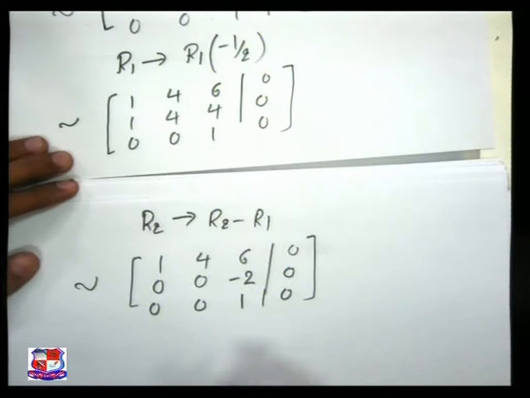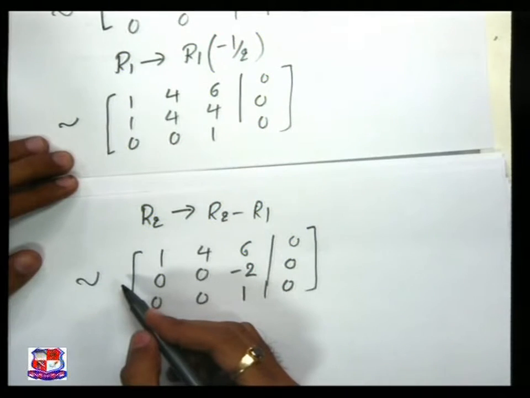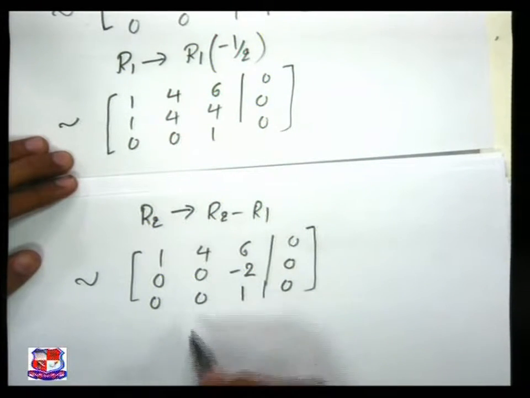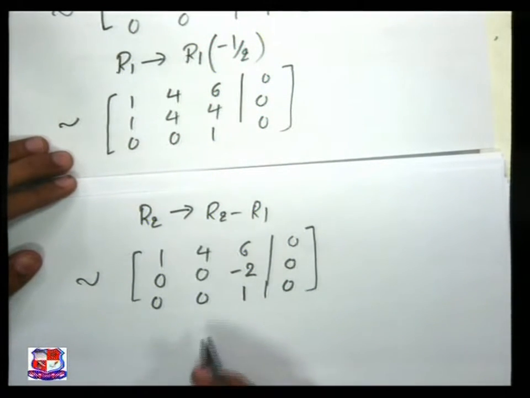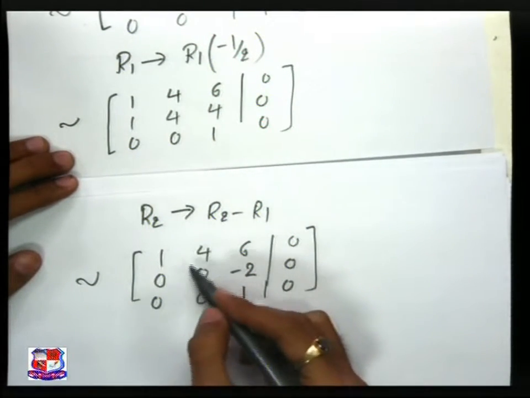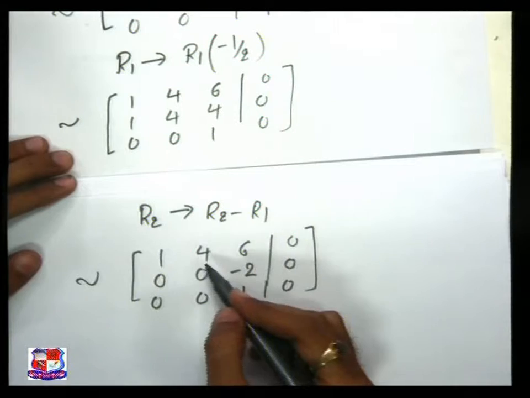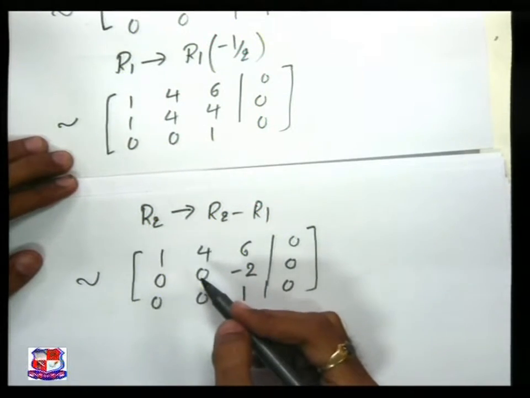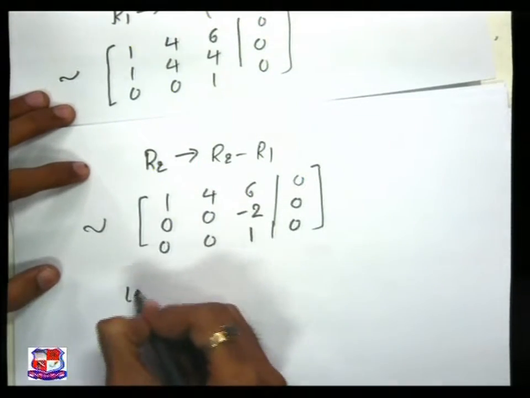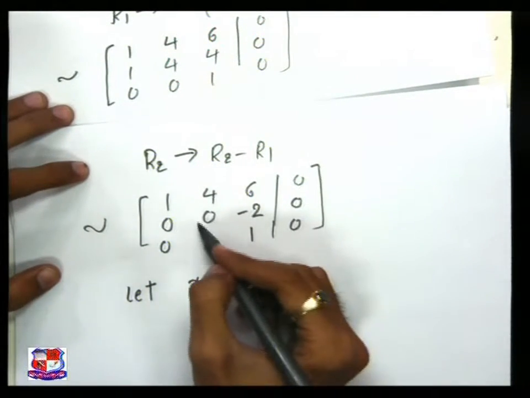So now there is no pivot in the second variable. We have no pivot for x2, so we take x2 equal to k, because there is no pivot for the second variable.